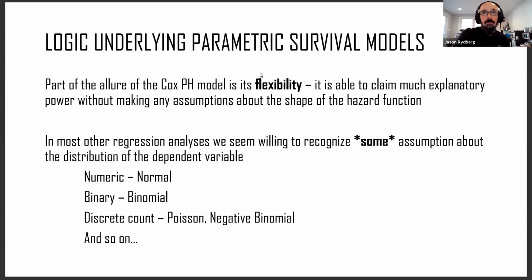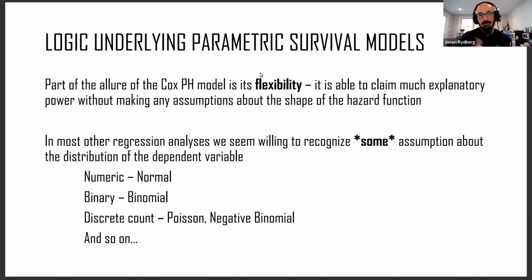We seem willing to assume that when an outcome is binary, it's reasonable to model that through some binomial distribution. Sometimes these are strong assumptions, sometimes weaker assumptions that can be relaxed, but we're usually willing to make some assumption about the shape of the outcome and its errors.